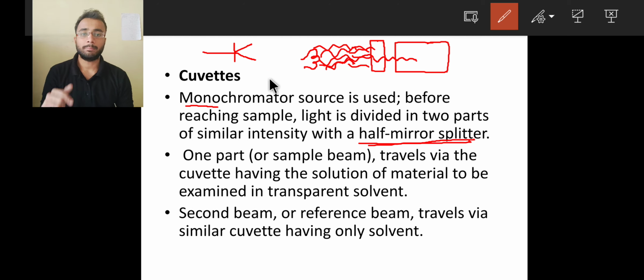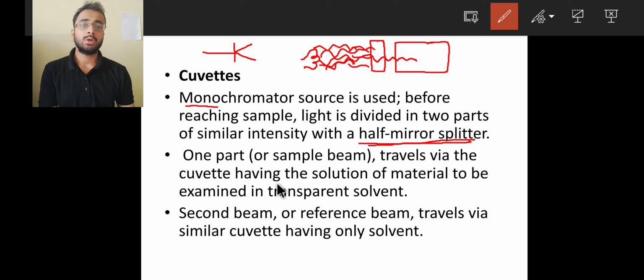These two lights have a similar intensity. One part travels via a cuvette having the solution or material to be examined in a transparent solution.